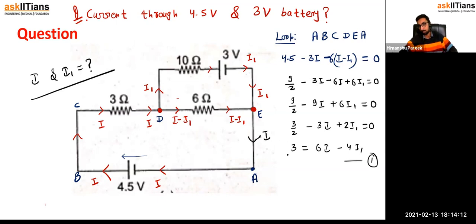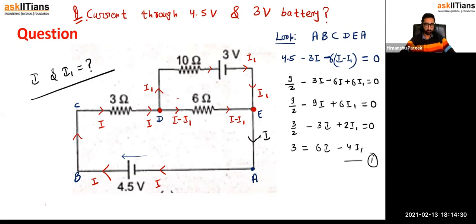Now the equation number 1 we have got. After this, we will need one more equation. So for that, I'll go to loop number 2. I guess most of you are thinking of the upper loop. That's a very small loop.